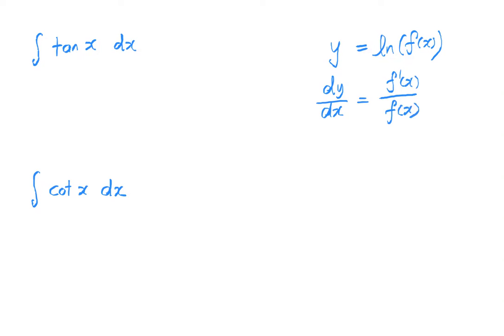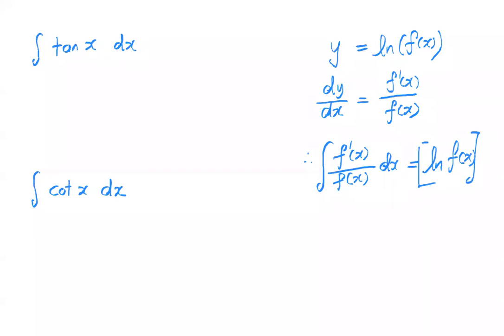Right? So now, therefore, if I integrate f prime x over f(x), my answer should be ln f(x). Am I right? Agree? So I'm going to work these two with this basis.